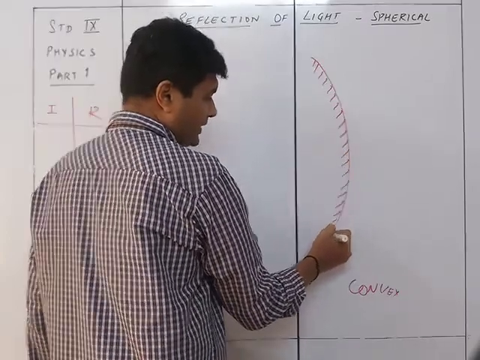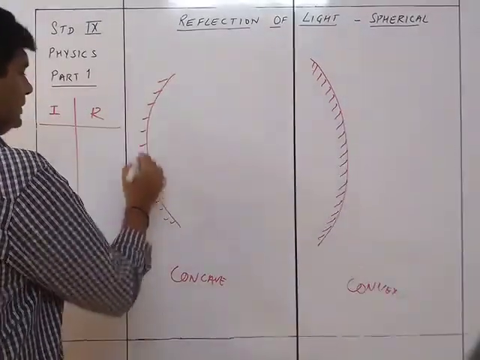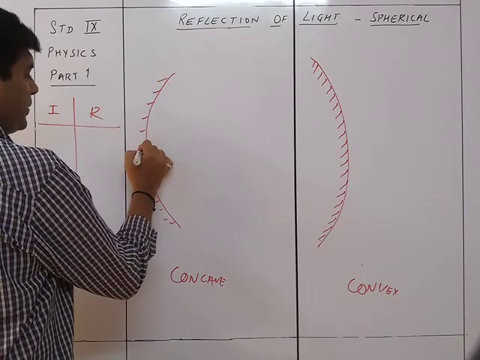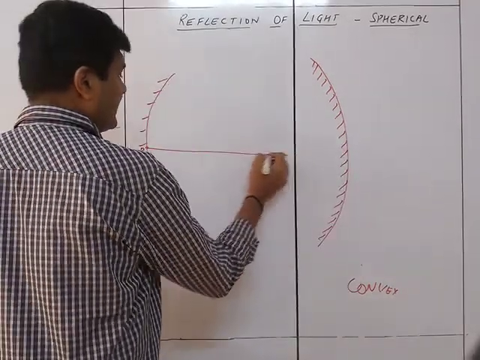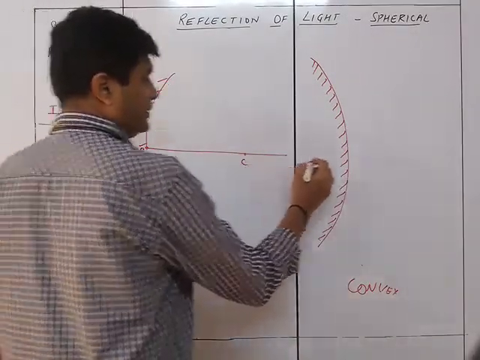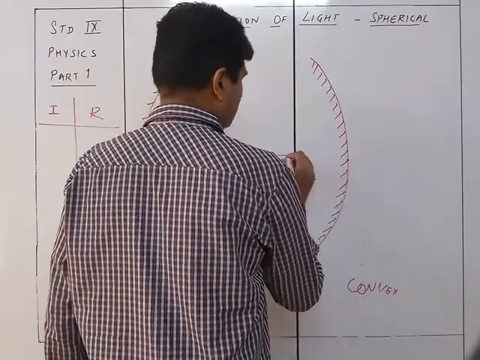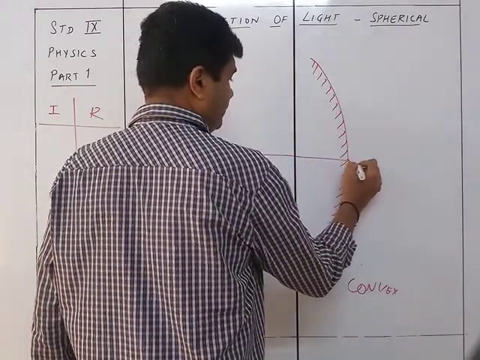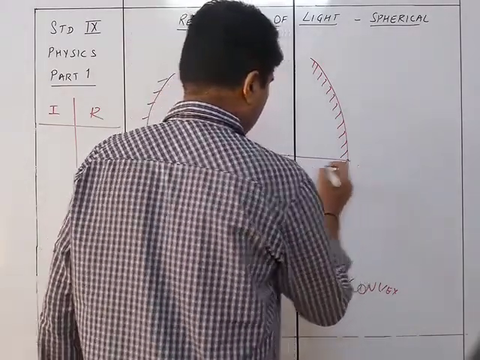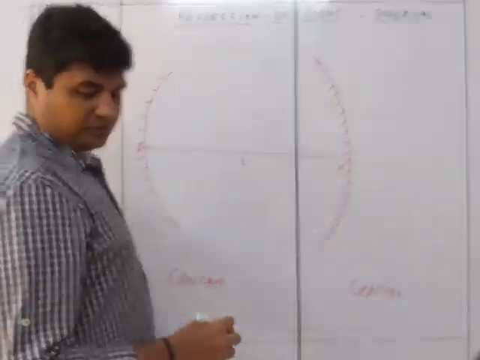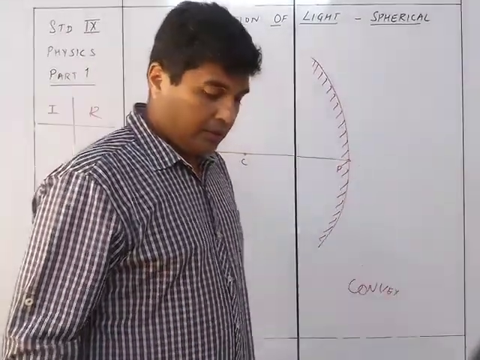Concave, convex. We have this point as the pole, principal axis, C. We take the same C, and this is the pole. C is common for both of them, just for the sake of it, we don't require it.